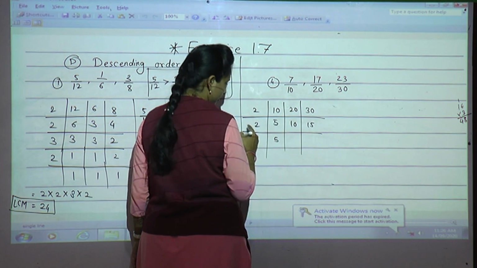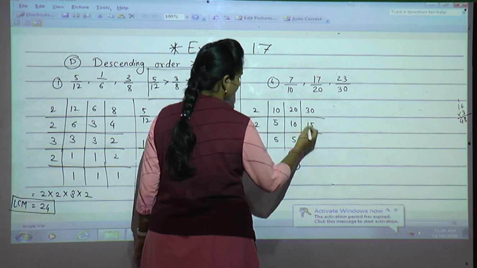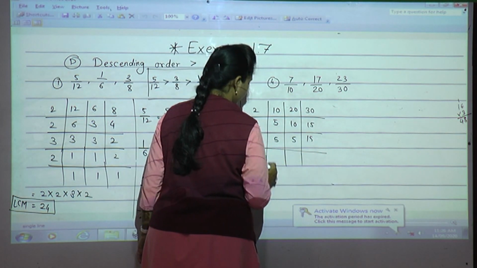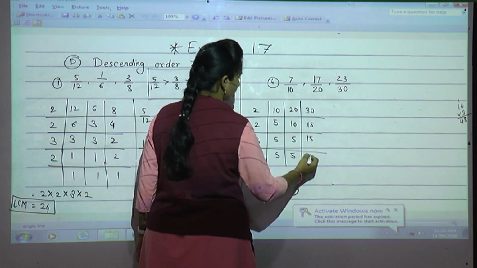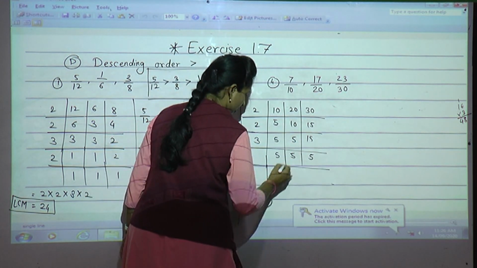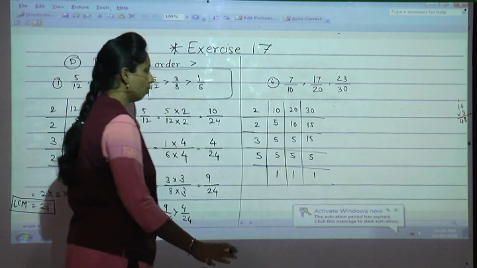Here 5 will be as it is, 2 5s are 10, and here 15 will remain as it is because we cannot divide. The next we can go with 3, 5 right as it is, 3 5s are 15, isn't it? Now this 3 5s will go with 5, 5 1s are 5, 5 1s are 5, 5 1s are 5, over.